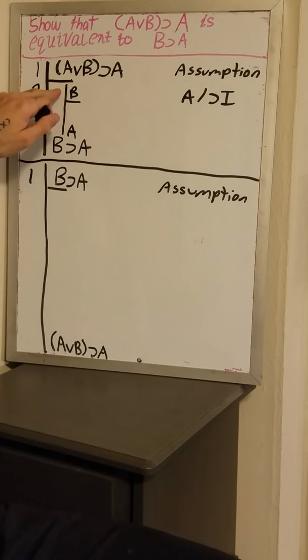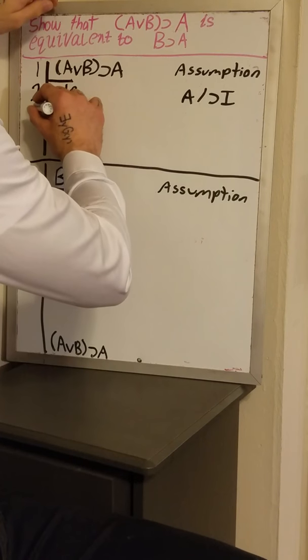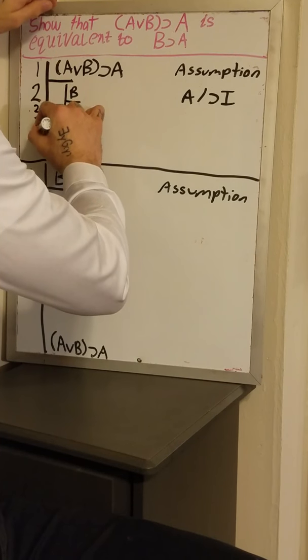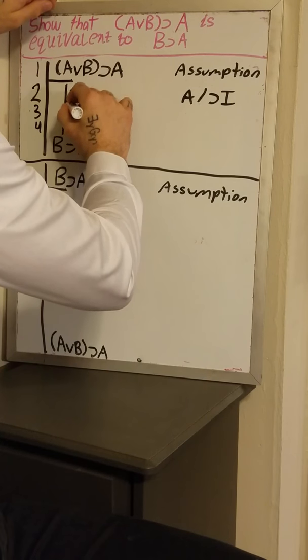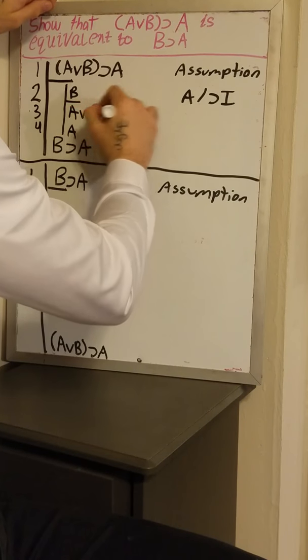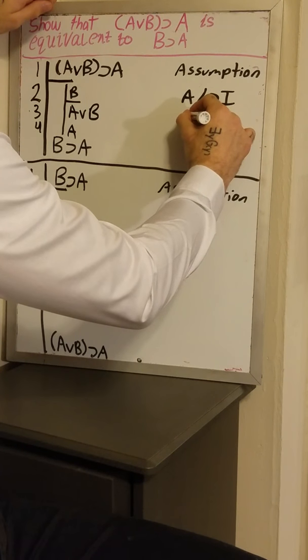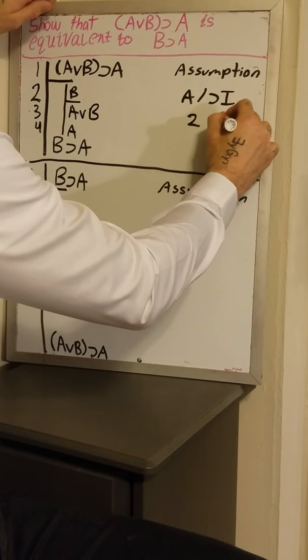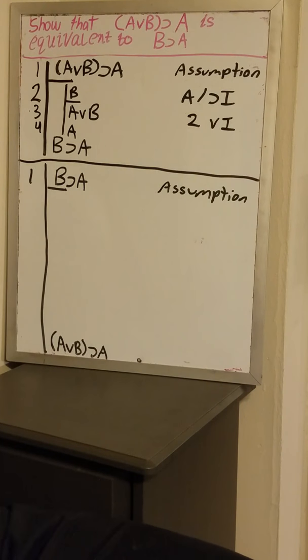We can use disjunction introduction to get the antecedent of this conditional. So A or B follows by disjunction introduction on line 2.